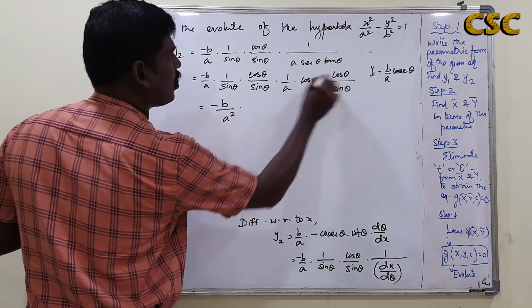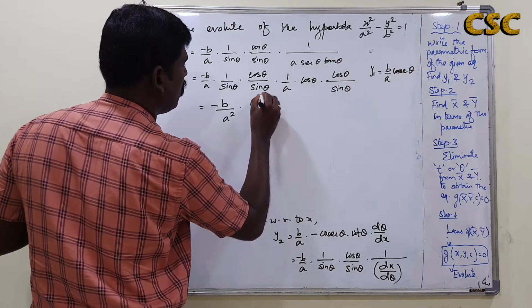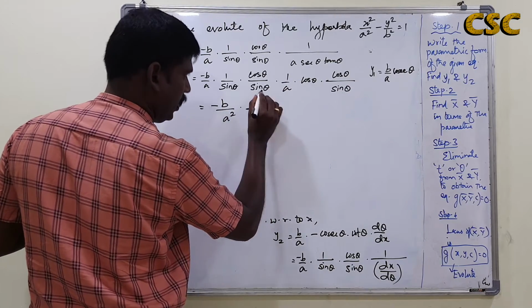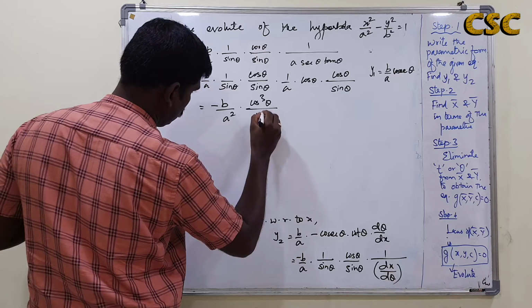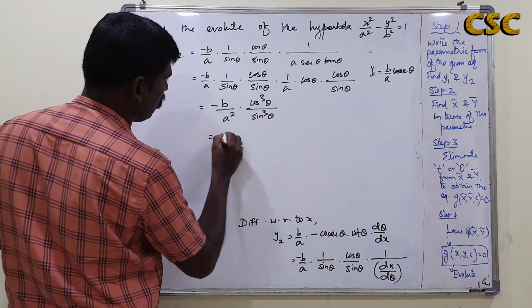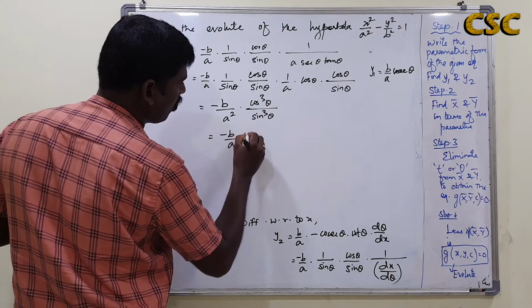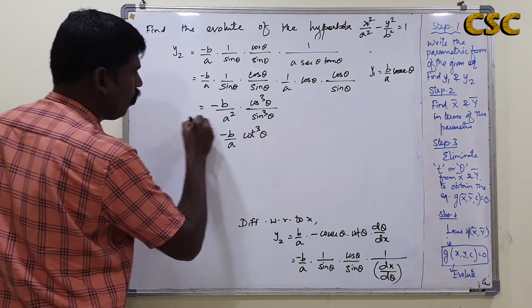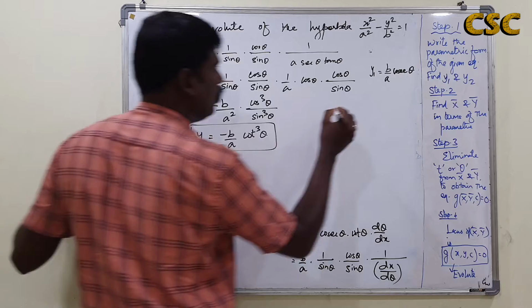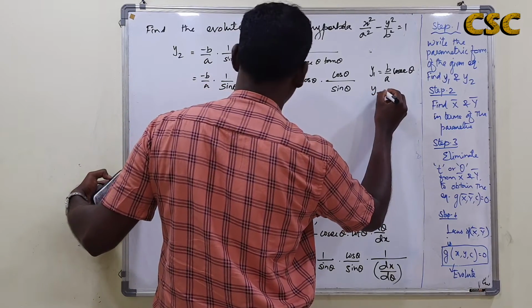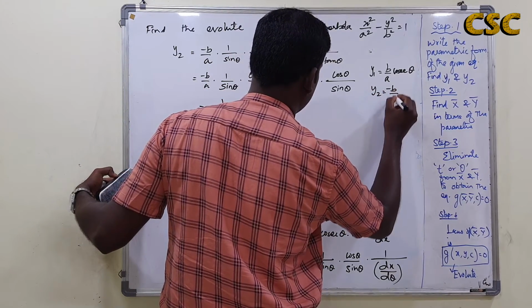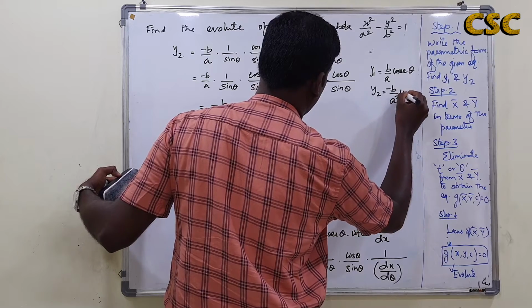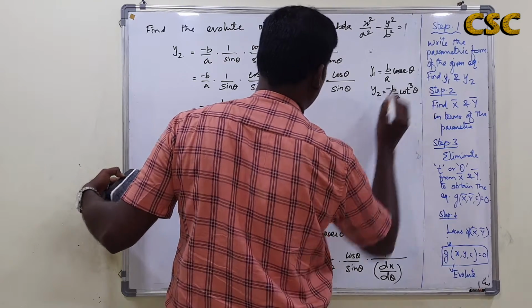What is in the numerator? Cos theta, cos theta, cos theta. So it is cos cube theta by sin cube theta. That is equal to minus b by a square cot cube theta, the value of y2. So now I am updating the value of y2: minus b by a square cot cube theta.